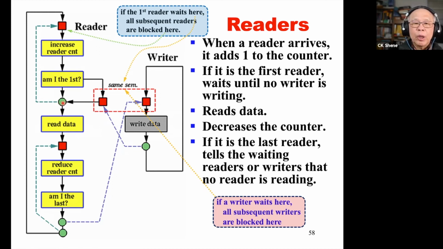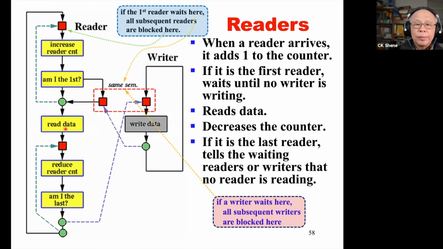At the same time, this reader reads the data. The second reader could go through because this second reader is no more the first one. So the second reader simply goes through and we have concurrent reading here. So it doesn't matter which reader goes fast or finishes fast.